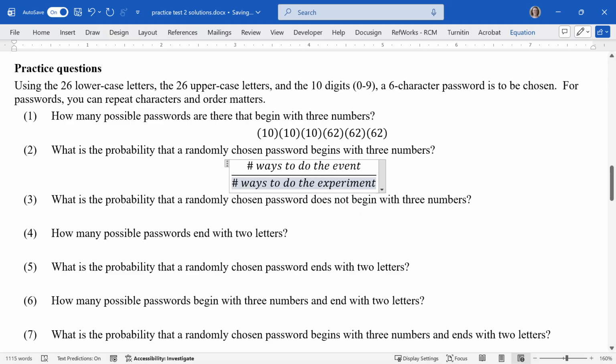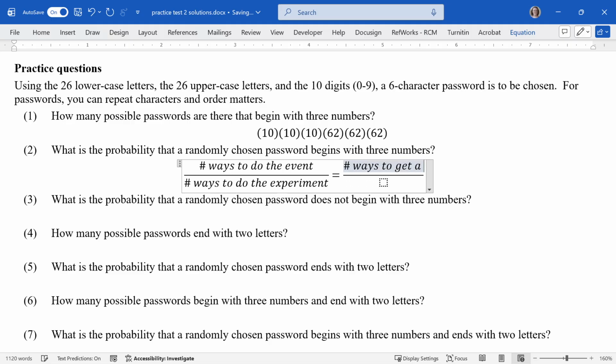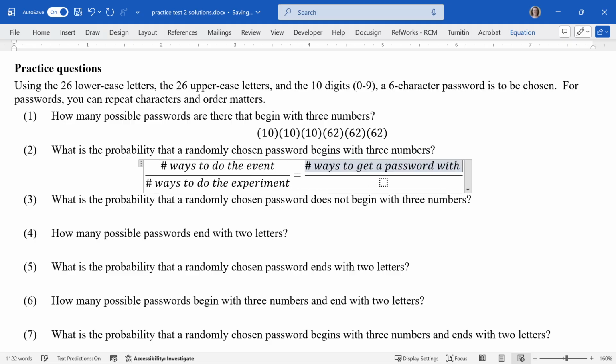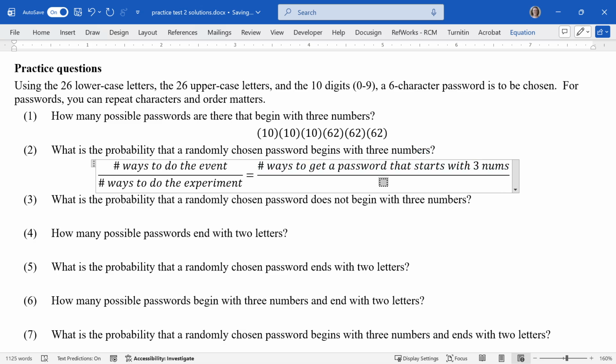So the event is choosing a password that begins with 3 numbers, and then the experiment is just choosing a random password. Okay, so on the top, I'm going to put number of ways to get a password that starts with 3 numbers, and then on the bottom, number of ways to get any password.